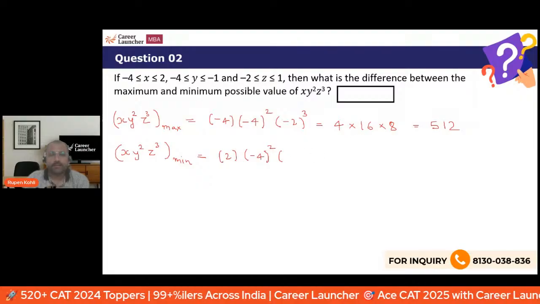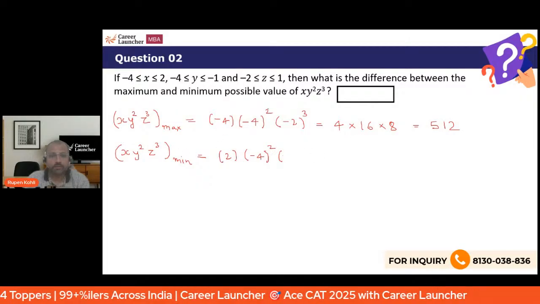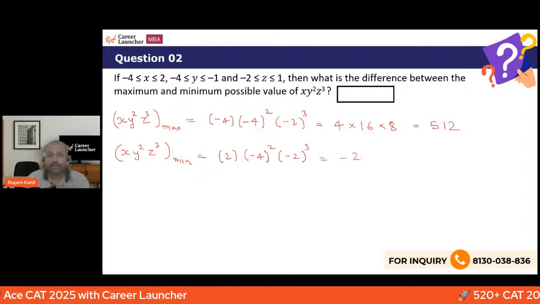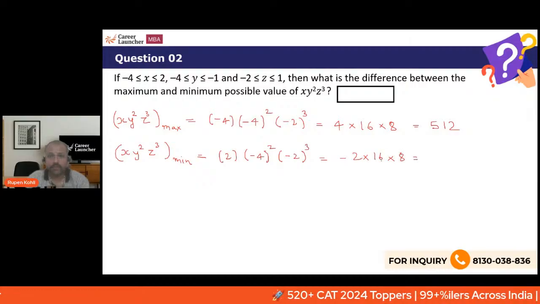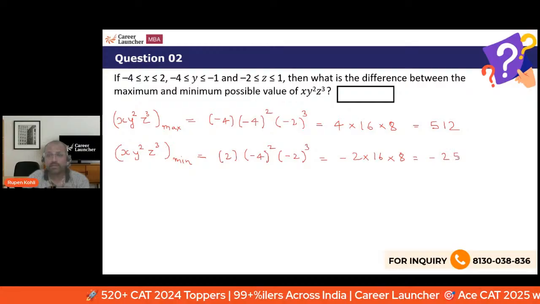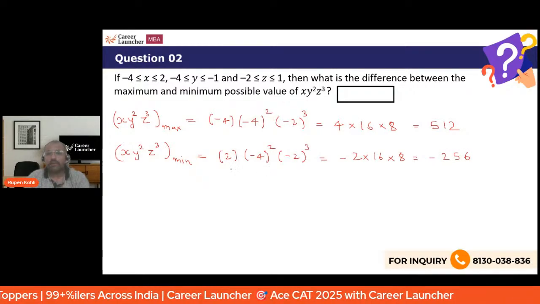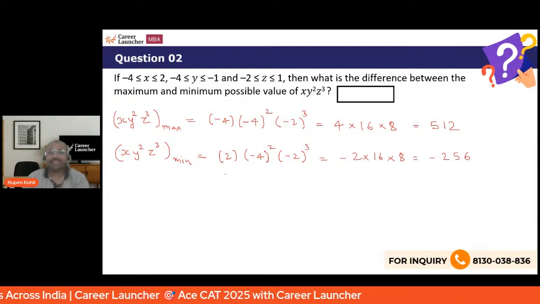And z, we would take as negative, z as minus 2 cube. So this becomes with a minus sign 2 into 4 square 16 and 2 cube 8, which is coming to be 16 into 8, 128 into 2, 256 with a minus sign, right? Now, we also could have thought of keeping x as negative and y as positive.